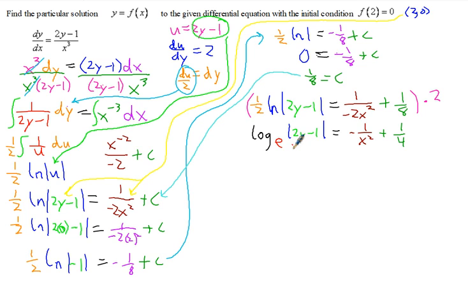So remember the base here is e, and the logs are equal to exponents. So this whole thing, e to the negative 1 over x squared plus 1/4, whole side of the equation becomes the exponent of e. And what that has to equal is whatever's inside that logarithm, which in this case is absolute value of 2y minus 1.